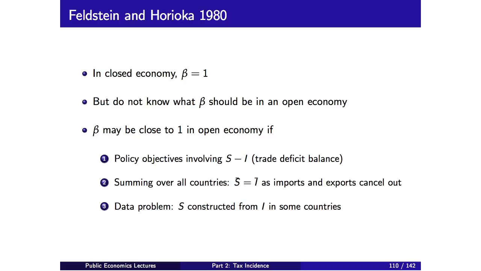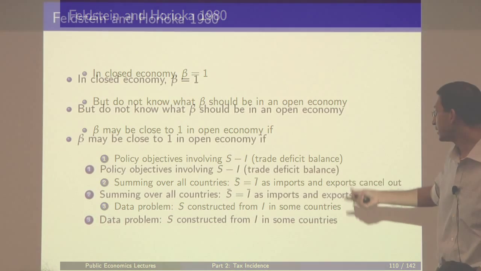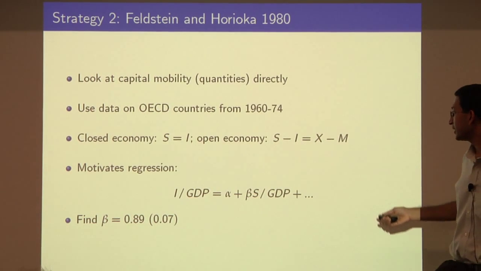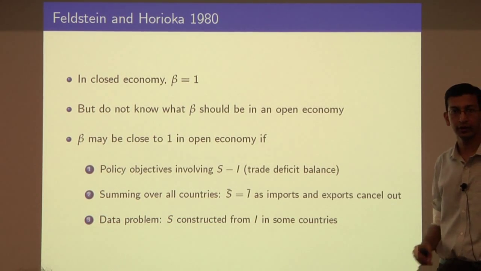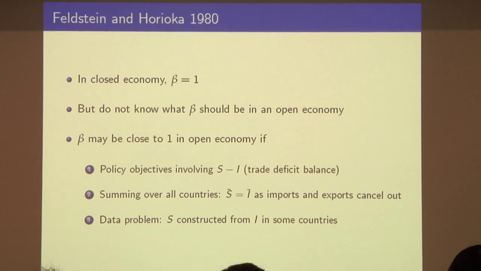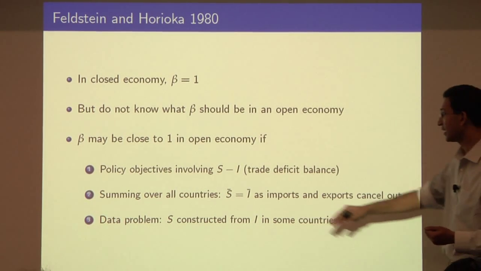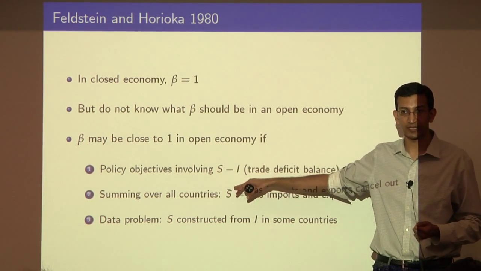So here are some issues. First of all, many countries actually have a policy objective that revolves around trade deficits. Okay, so based on that identity, which we just put up here, if I'm interested in my trade deficit balance, like if I don't want to have too large of a trade deficit, I'm basically going to enact policies, like if I'm able to influence my exchange rate, I'm going to enact policies that effectively keep S minus I small.